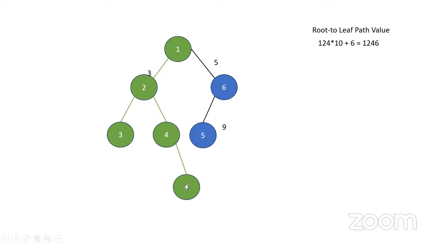At 6 you have reached your leaf node, which gives you the second value of this output, which is 1246. Then since we are at the leaf node, you go back to 4, you go back to your second node, you go back to 1. Now the entire left subtree has been visited, so you move to the right subtree.